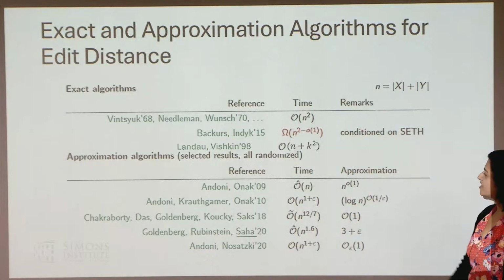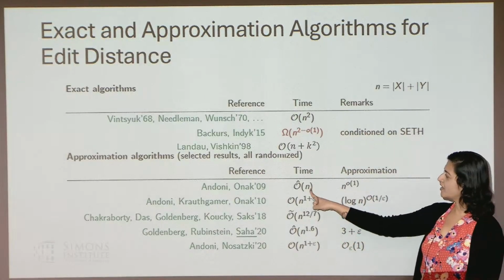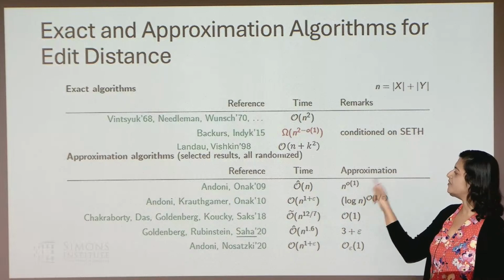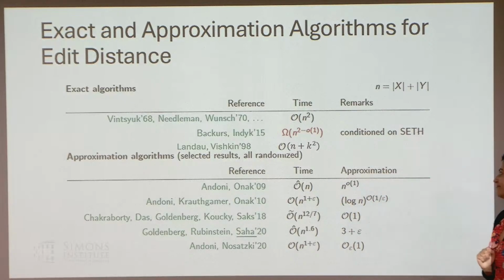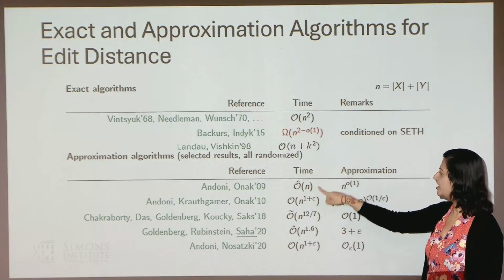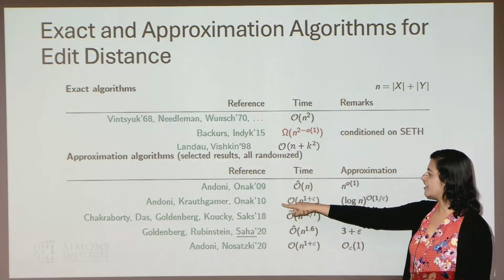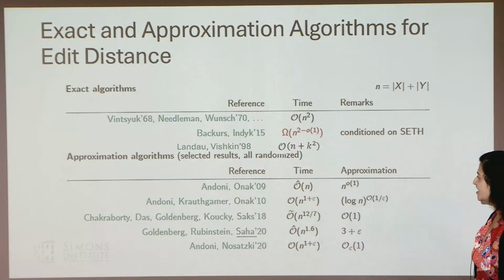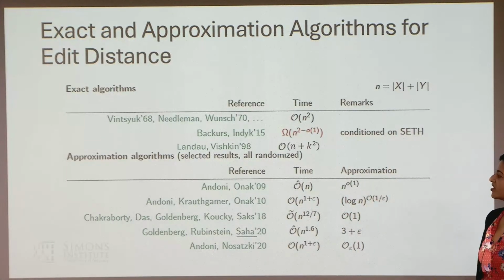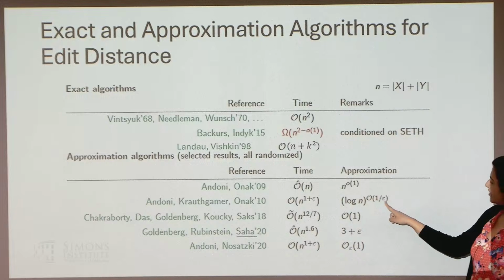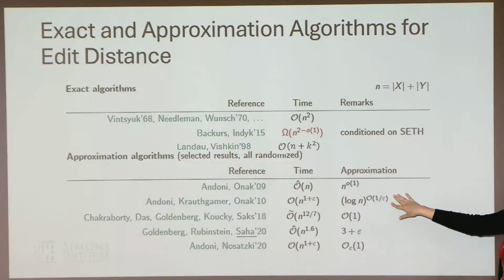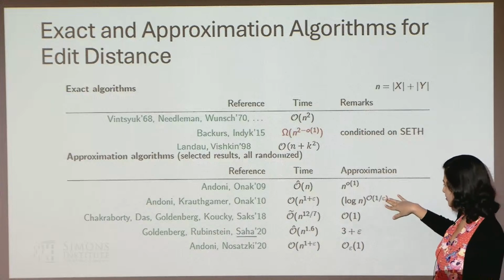For approximate computations, Andoni and Onak's result from 2009 gives a sub-polynomial approximation in near linear time. Andoni, Krauthgamer and Onak's result from 2010 gives a near linear running time and polylog n approximation. That was a breakthrough at that time because people had been really trying to get into the polylogarithmic regime.